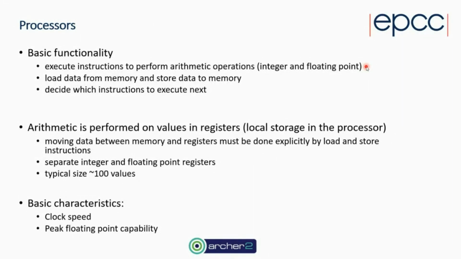So modern processors have vector units in them, which let them do multiple floating point operations per clock cycle. And we have a whole lecture on vector units tomorrow, which we can get into more detail on there.